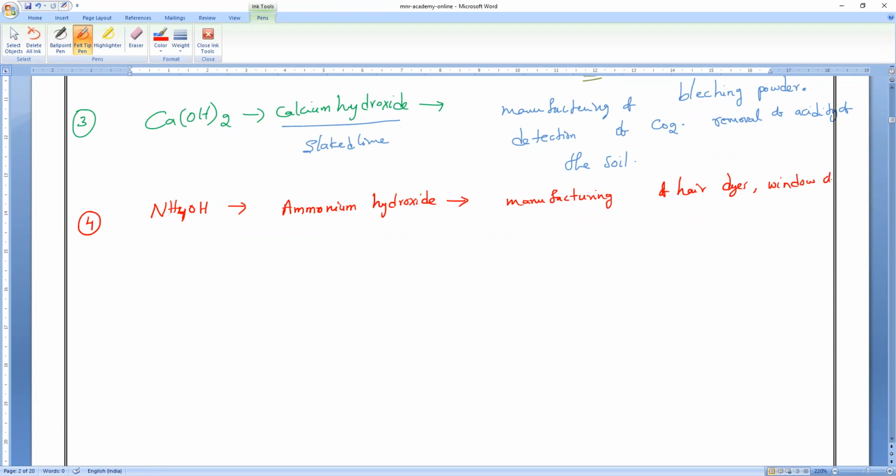That will be this only. So window cleaners, removal of stains from clothes, and also lab reagents. We can use it. So this is the importance of ammonium hydroxide.